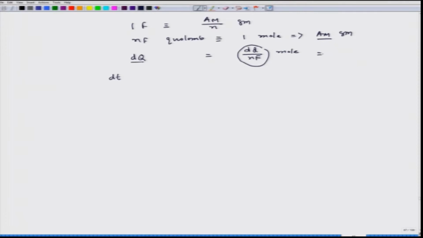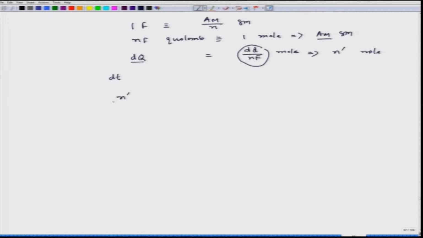So, let us say the number of moles that is dissolving I note down as N prime.